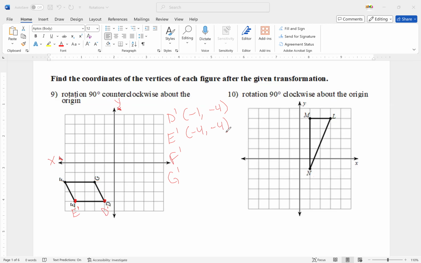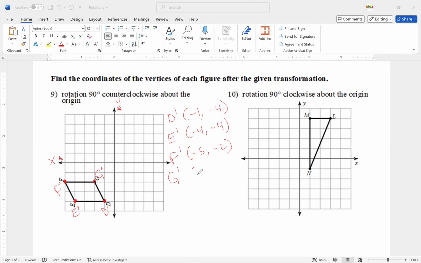Okay. How about F prime? You see where F is? So that's my F prime. What are the coordinates of F prime? -5, -2. Good. How about G prime? You see where G is? So that's G prime.